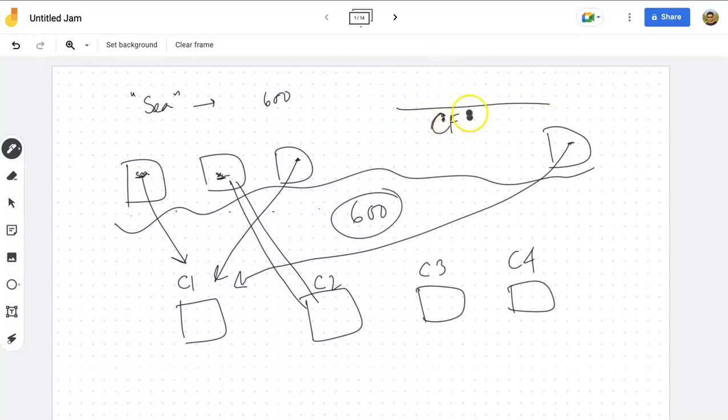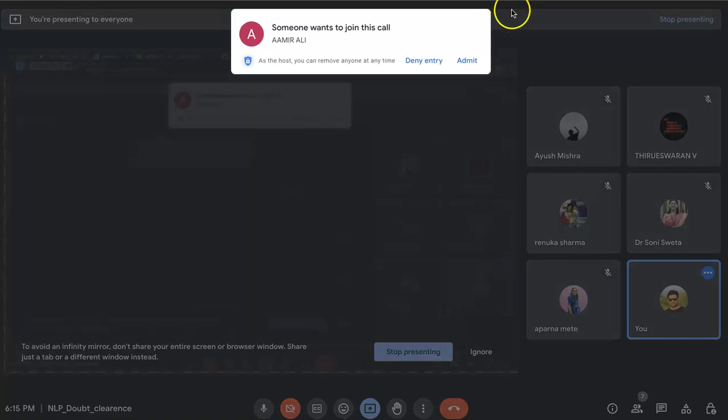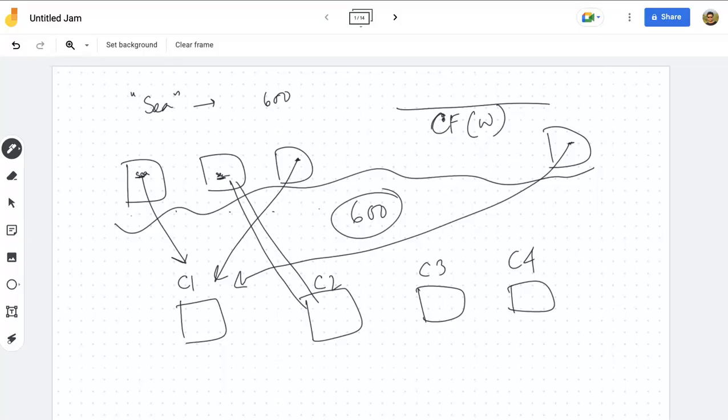You can consider it a count frequency maybe. So how many times the word occurred, and how many times the word W connected to some other Wikipedia article. In our case it is C1, C2, C3 and C4. So how many times total this W is present, and how many times it is connected to some other Wikipedia article.